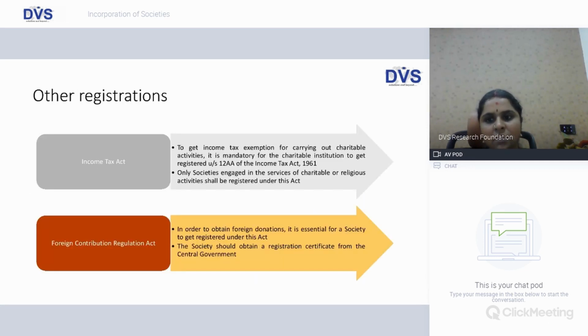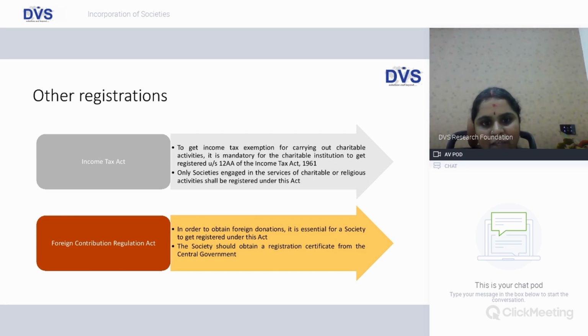And now let's see the other registrations required. The society is formed and registered now under the Societies Registration Act. What are the other registrations required to receive contributions, to be entitled to the exemptions provided under the Income Tax Act and also to receive foreign donations? In order to claim exemption for carrying out charitable activities, it is mandatory that the charitable institution is registered under Section 12A of the ITA.